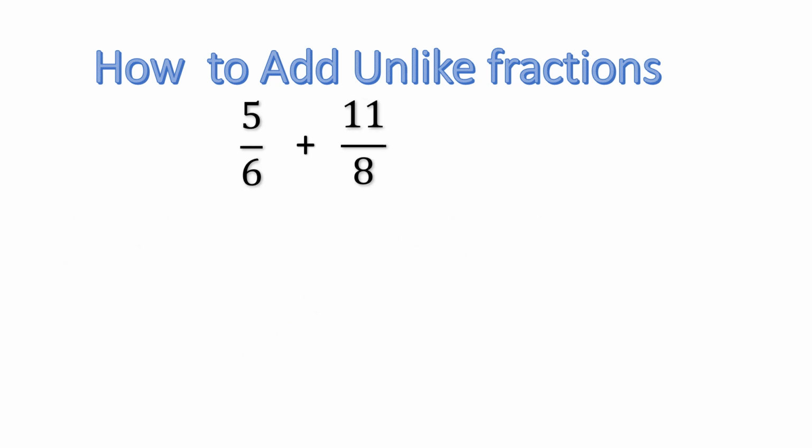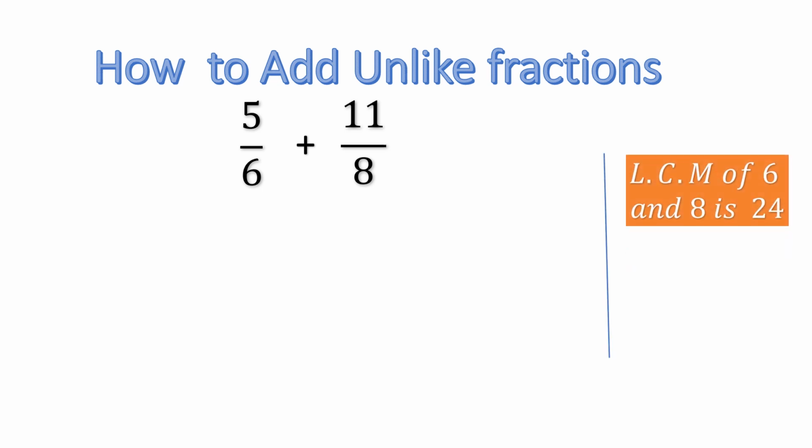We have one more. So how to do this? The same way. The denominators are different, 6 and 8. So we will find the LCM of 6 and 8, which is 24, and we take 24 as our common denominator. Then we will figure out 6 multiplied by how much is 24. We know that in short, 6 multiplied by 4 is 24, so we are not writing all those divisions and everything.